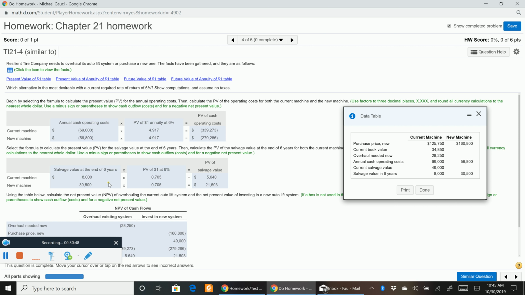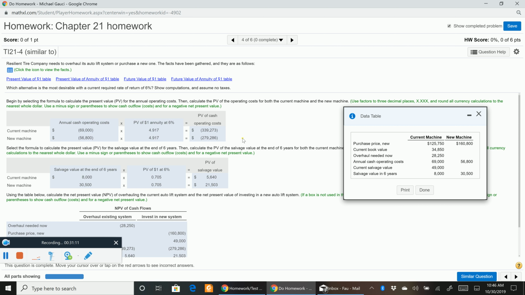So the fact of the matter is we need to figure out what we want to do. So first thing we're going to do is figure out what is the present value of the operating costs. So the current machine is $69,000 a year. And because it's $69,000 exactly every year for the next 6 years, the required rate of return is 6%.